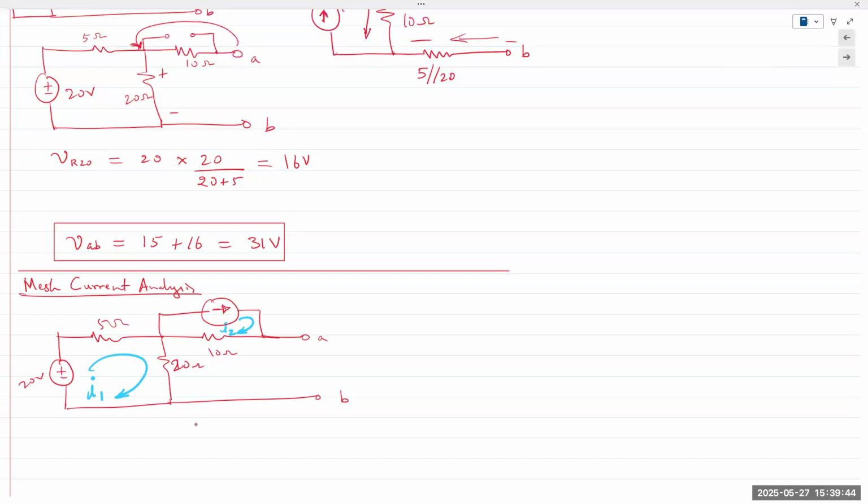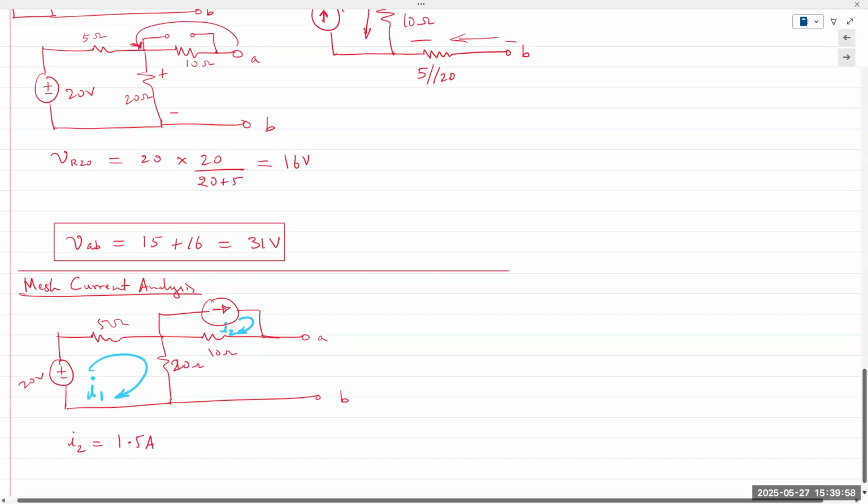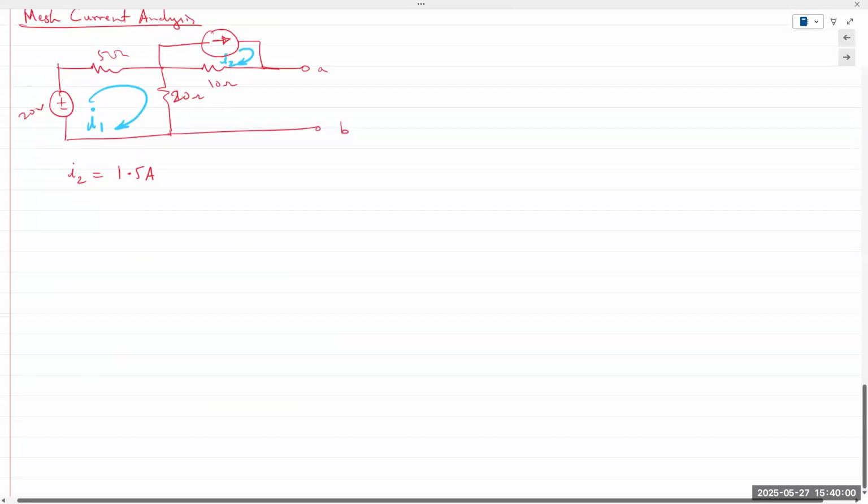Right off the bat, I can say I2 is equal to 1.5 amps. So the only unknown left for us is I1.